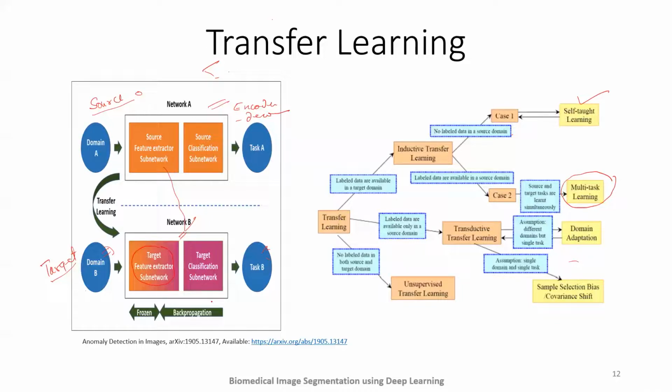Can we develop a model which can give good accuracy for any new images of the same kind that come in? So transfer learning, especially few shot learning and meta learning, and image segmentation in the biomedical domain could be one of the important future directions to solve this problem.